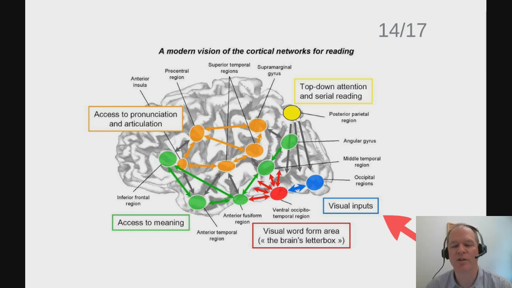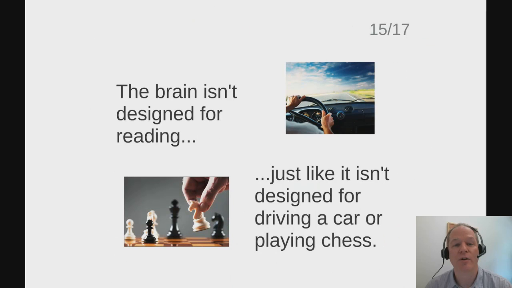It uses a lot of different parts of the brain to achieve that function, and this also suggests that it's not as efficient. So the bottom line is that the brain really isn't designed for reading the way it is for language.